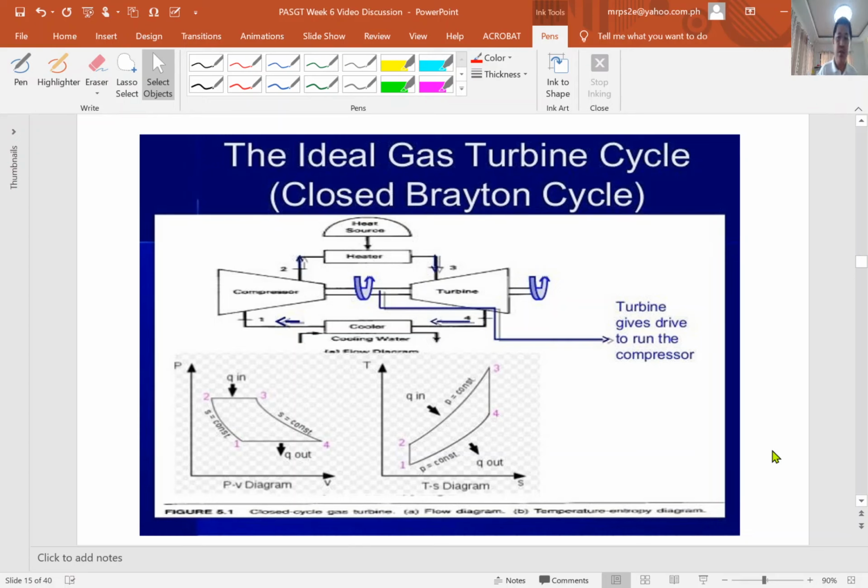Ideal gas turbine cycle, closed Brayton cycle. We already discussed this diagram, so you can just review or rewind the video.